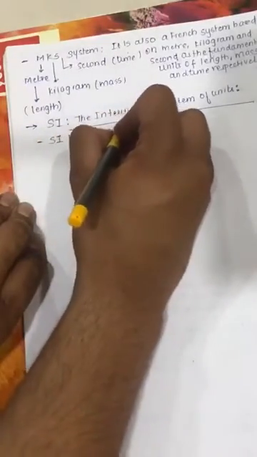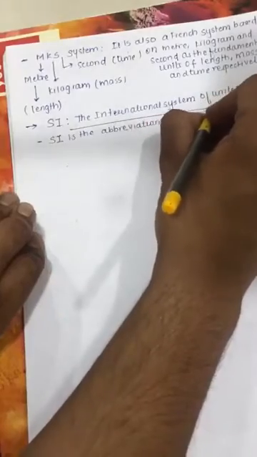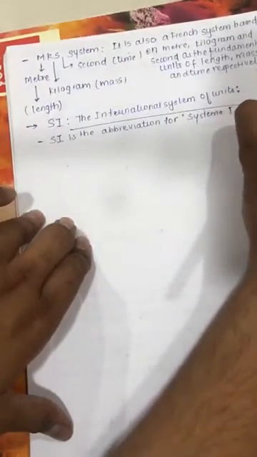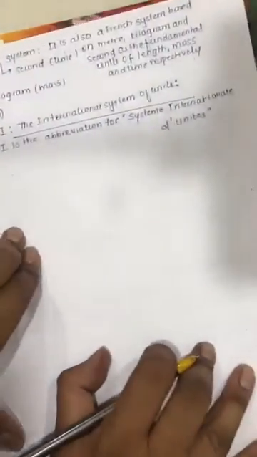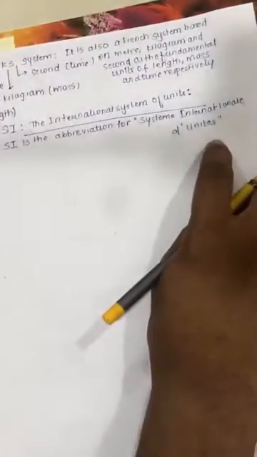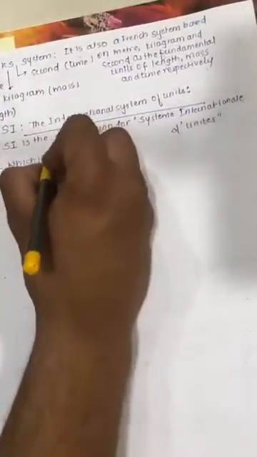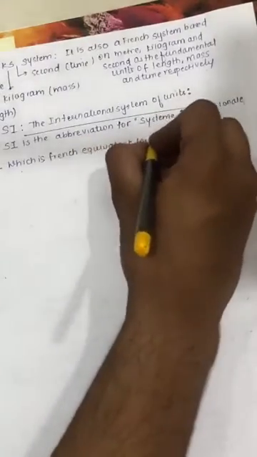SI is the abbreviation for Systeme International, that is the French equivalent for International System of Units. Hope it is cleared.